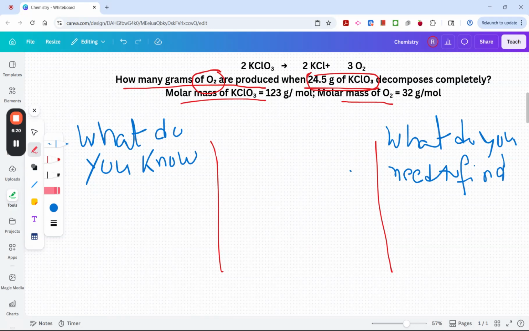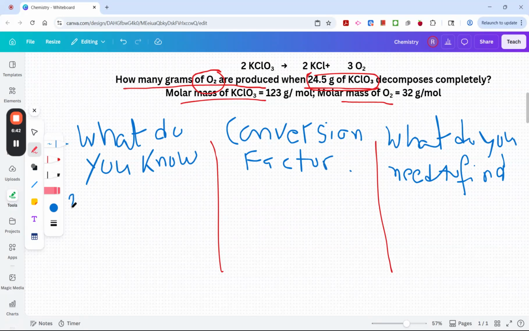I want to find grams of oxygen. Conversion factor. The first column says KClO3 and the third column says oxygen, so my conversion factor should have oxygen and KClO3. We are not using KCl.